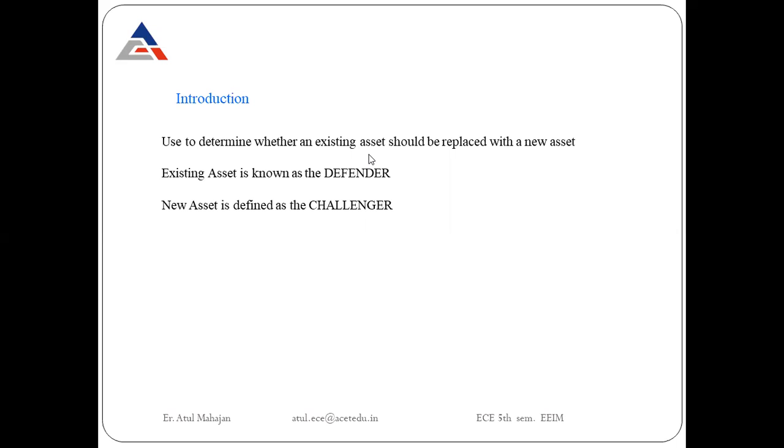Basically, this is what I need to know. Defender is the existing asset or the old asset, and the challenger is the new asset. The challenger is the new asset which I'm going to buy, or which I'm going to replace the old asset with.